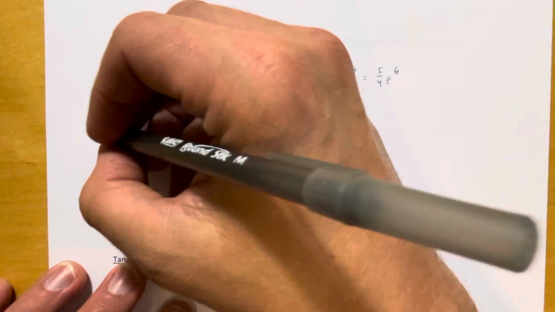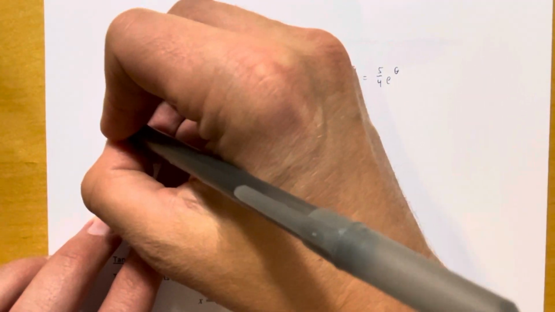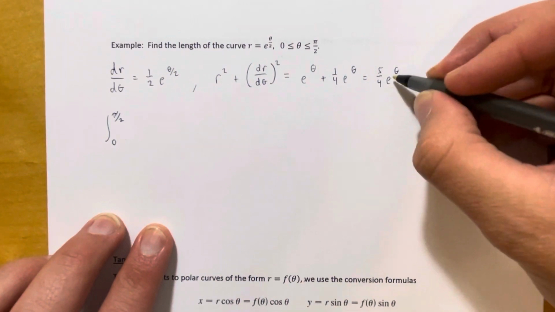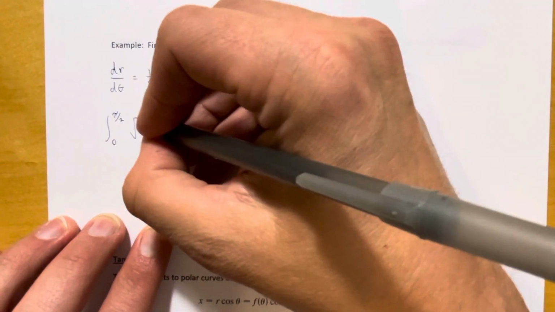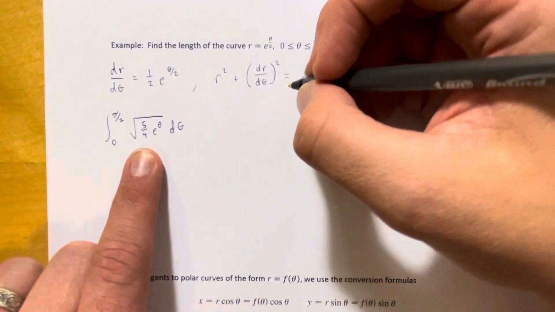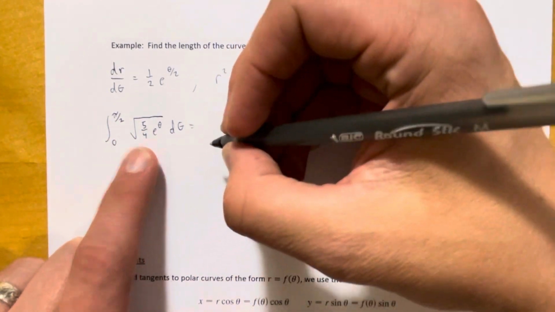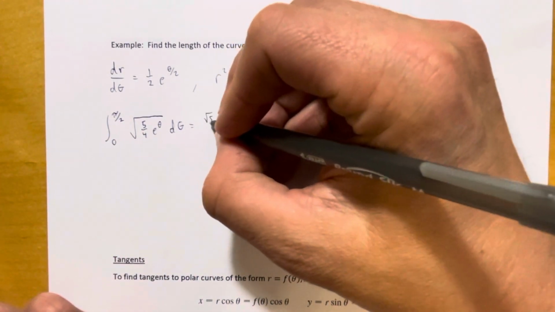Now my arc length is found by taking the integral from 0 to π over 2, in this case, of the square root of this, dθ. Now I can take that fraction out. I get root 5 over 2, because I can take the square root of 4, which is 2.